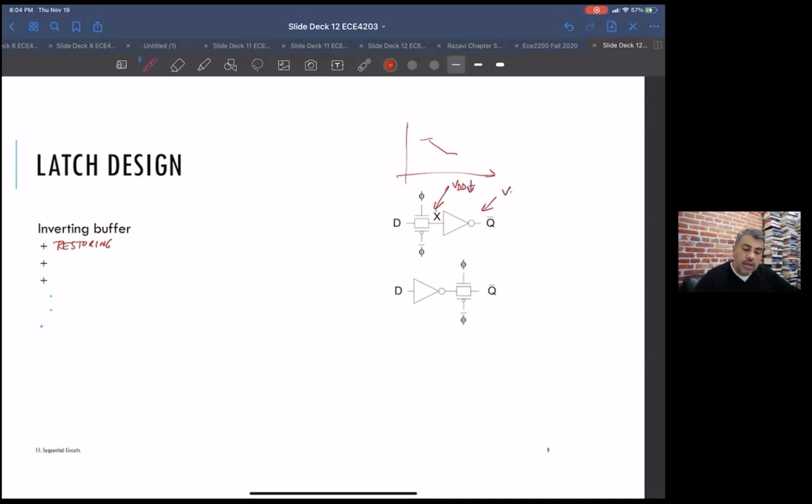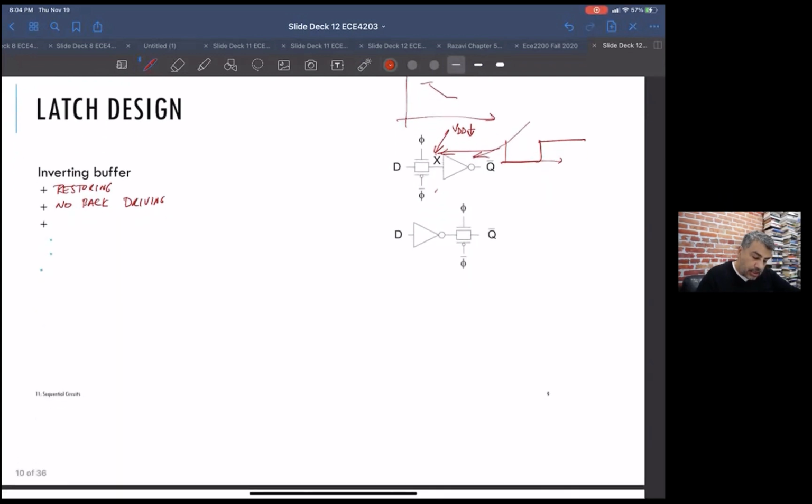For a long time, this guy will stay at ground. It'll stay at the right logic value. And then all of a sudden, once you get past the value, it'll switch over. So it is restoring. There's no back driving, meaning that nothing can affect this value because this inverter is buffering it.